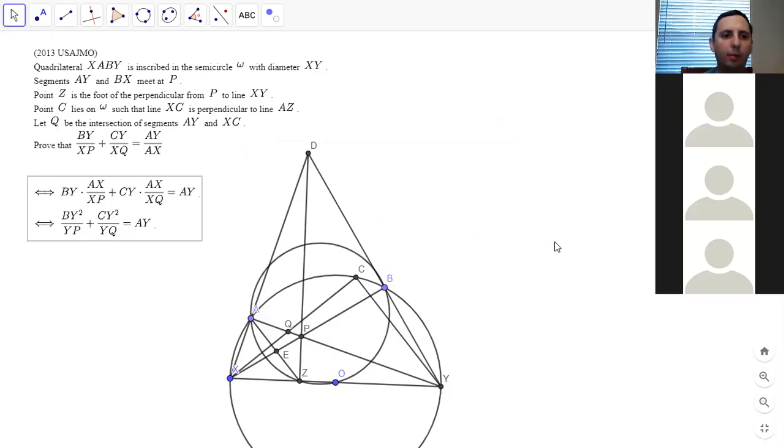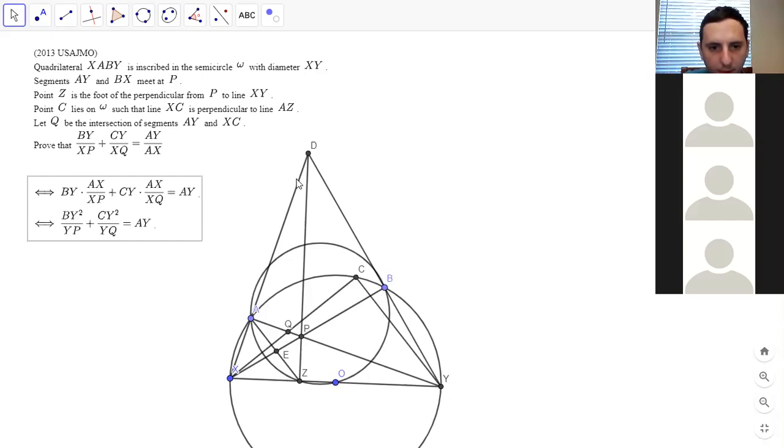Maybe we could even use Ptolemy here because we have BY times AC plus AY times BC is equal to AB times YC. Then we would get the plus. But we need to get YP and YQ. So is Q the orthocenter of a different triangle?